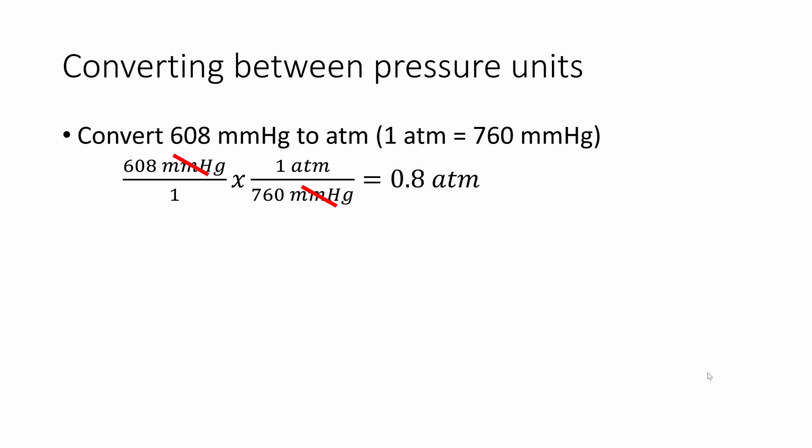This is like setting up fractions and multiplying fractions. So we would take 608 times 1, right, and the 1 doesn't matter, and then we would divide by 760. So if you want to take a little shortcut, you can just do 608 divided by 760, and you should get 0.8 atmospheres.